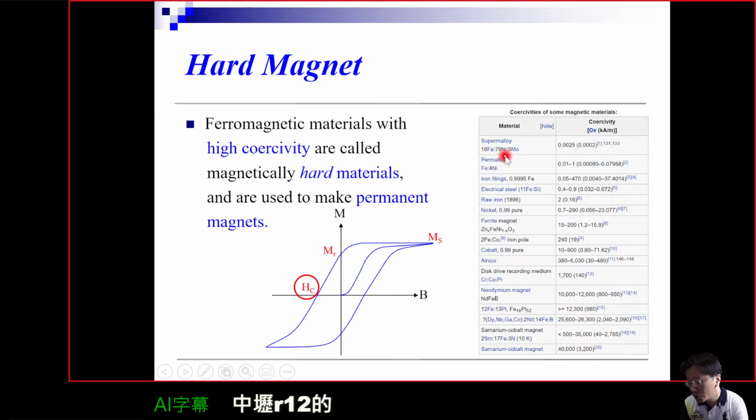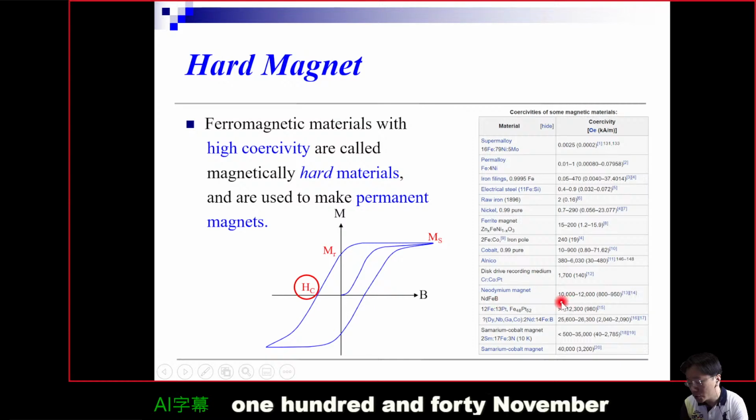When we go through this table, we find that for typical pure cobalt it is about 900, and for neodymium iron boron the number would be 10,000 to 12,000 Gauss. That is very strong.